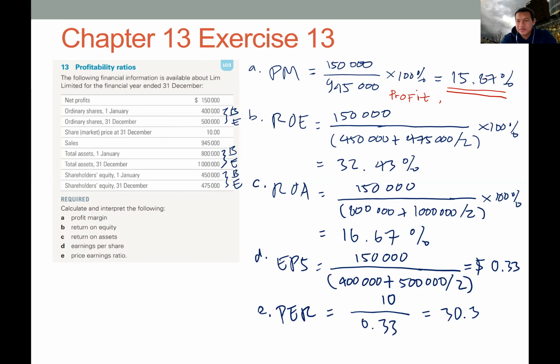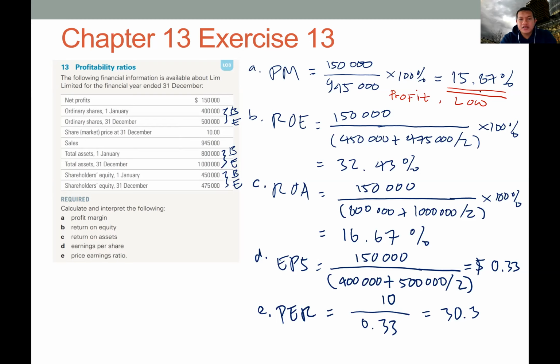So this is rather low for this company. They need to improve the efficiency in cost of goods sold and operating expenses to make this profit margin slightly higher.